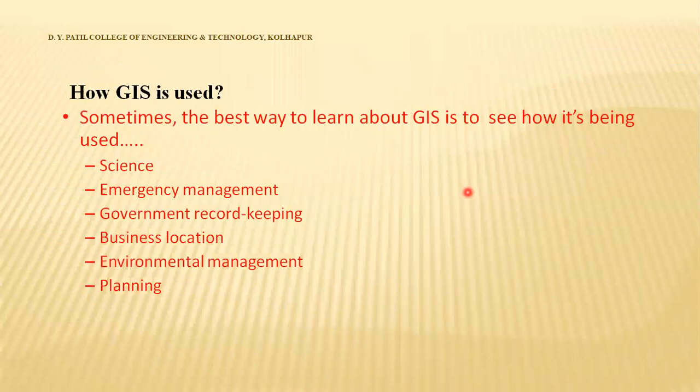Sometimes the best way to learn about GIS is to see how it is being used. You can find applications of GIS in many parts: science, emergency management, government record keeping, business locations, environmental management and planning.